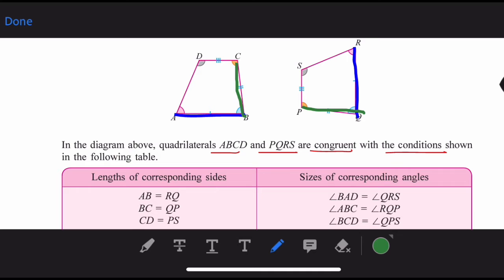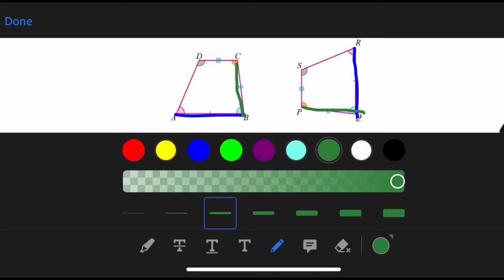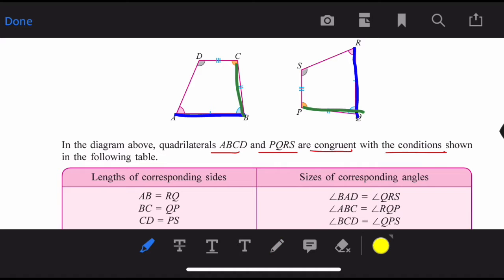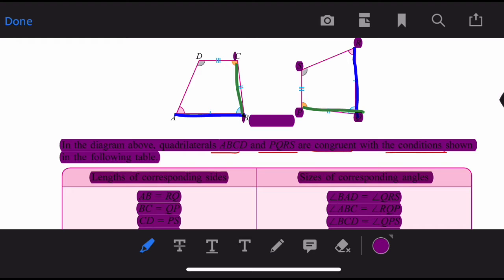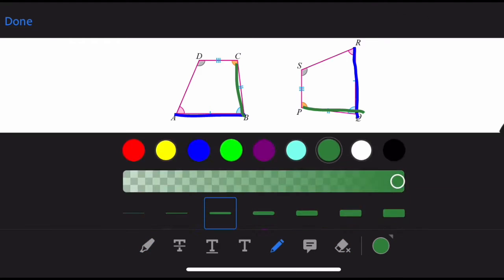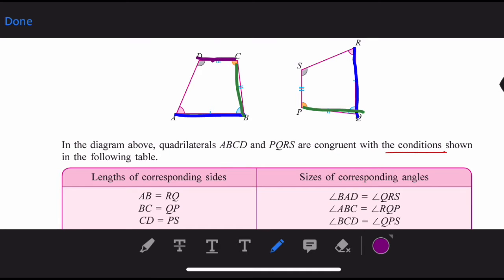And then we have CD. We can choose another pair, which is CD. I'm going to change the color to purple. CD is the same as PS.